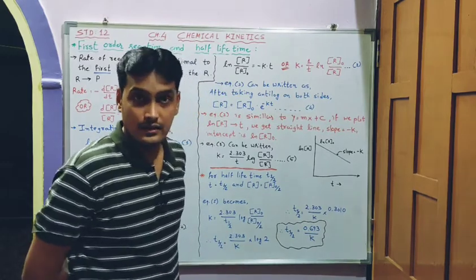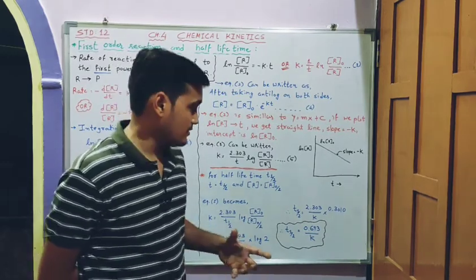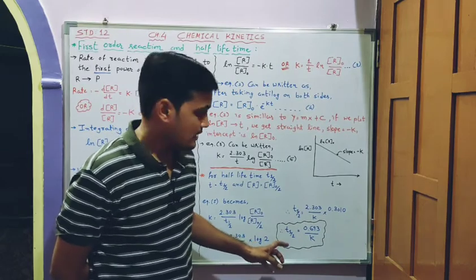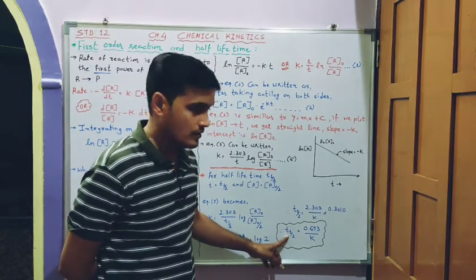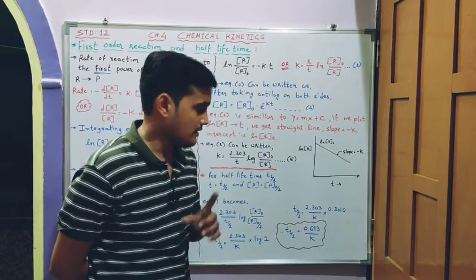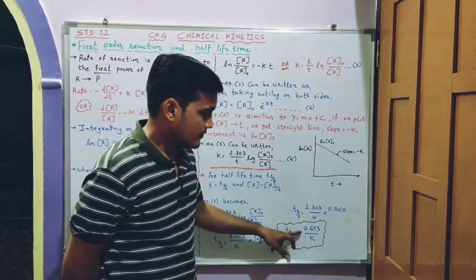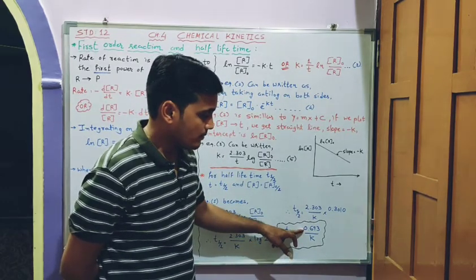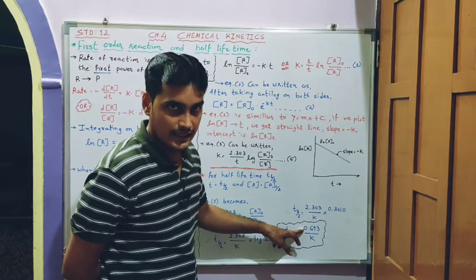In this theory, we can easily give the statement that the half lifetime of a first order reaction is, see, on the upper side there is no presence of any type of reactant.